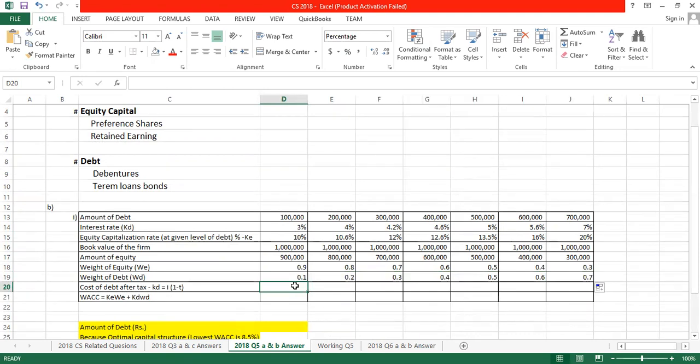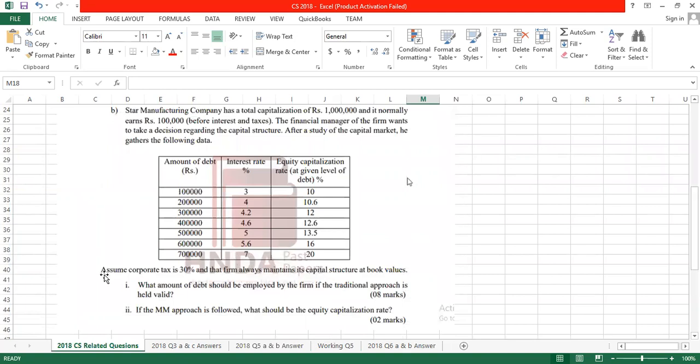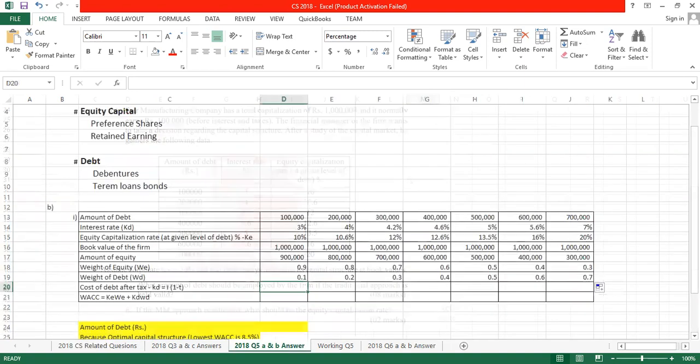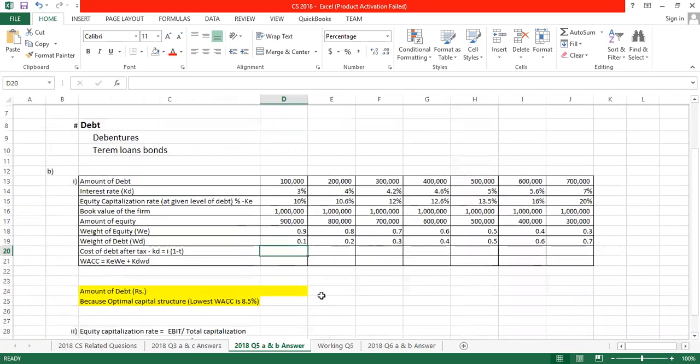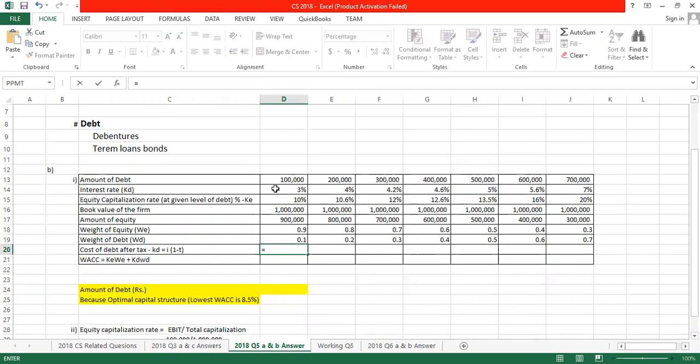Then we want to calculate the cost of debt after tax, because in the question they gave the corporate tax as 30%. Let's see how to calculate it. This is the formula: cost of debt after tax equals cost of debt before tax into (1 minus T), where T is the tax rate. So cost of debt before tax is 3% multiplied by open the bracket 1 minus the tax rate, they gave 30%, that means 0.3, close the bracket, enter. 2.1 is the cost of debt after tax in the first option.